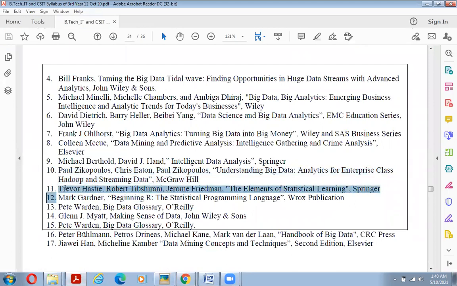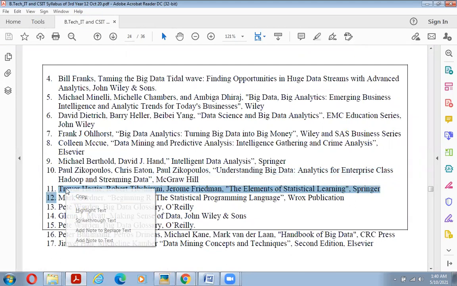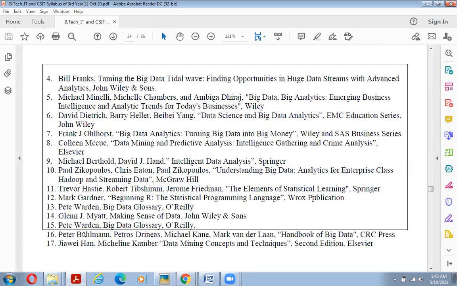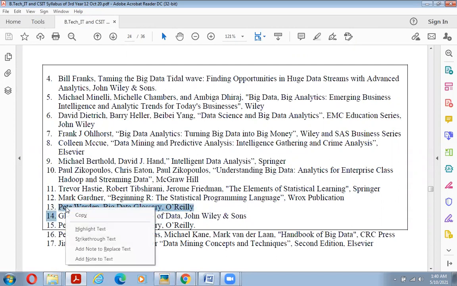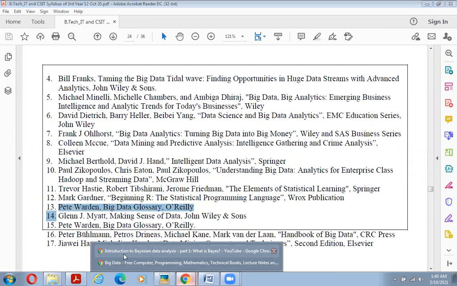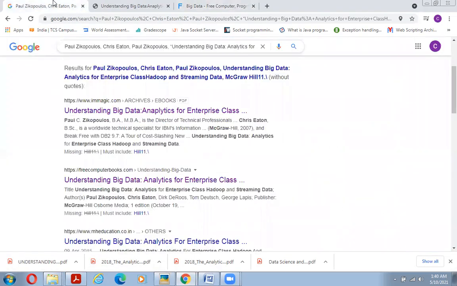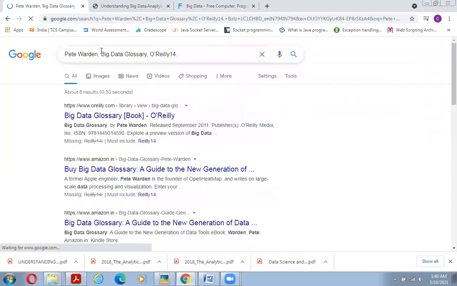And for statistical learning, it's from Springer, actually we are not going to get this book. And this is for statistical learning. Again, this is the big data glossary. This is making sense of data about data. We can understand anything, we just need to copy and paste here. Just click.